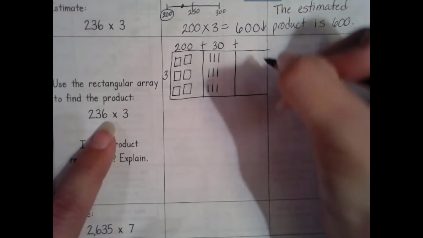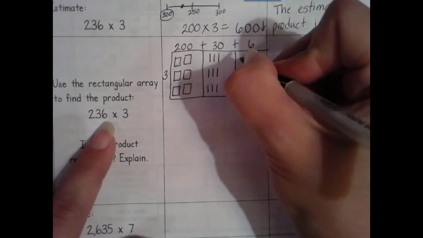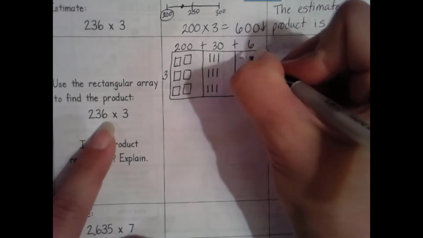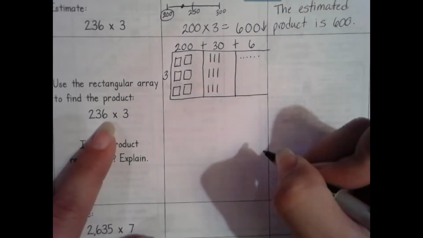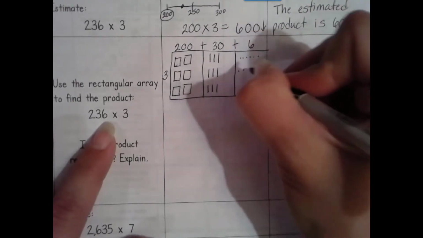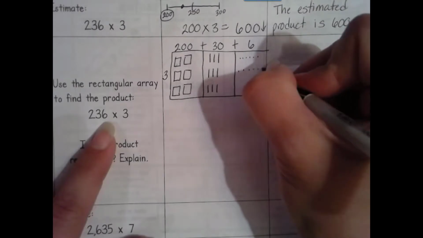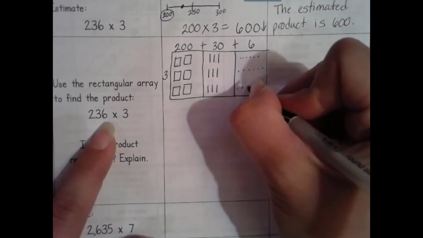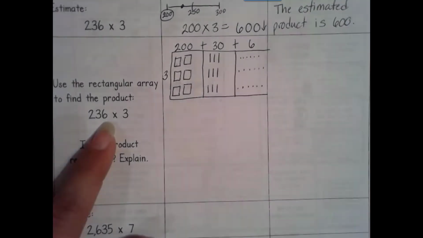And then finally, I need to make my 3 groups of 6. 1, 2, 3, 4, 5, 6. Three times.